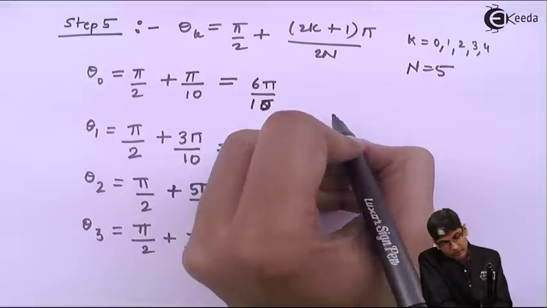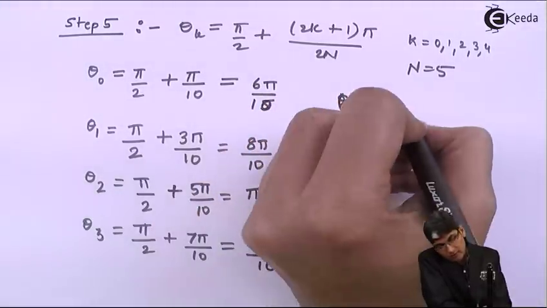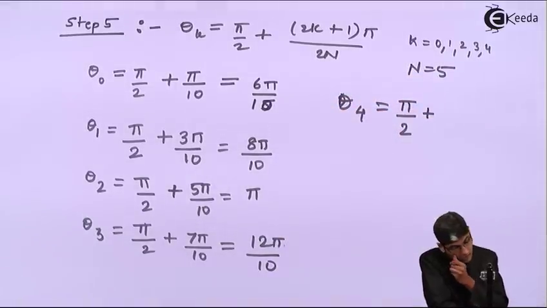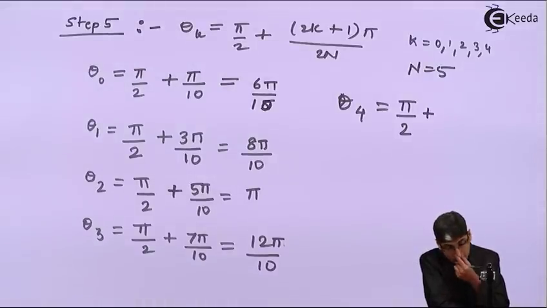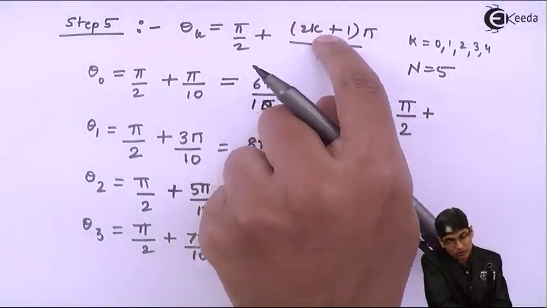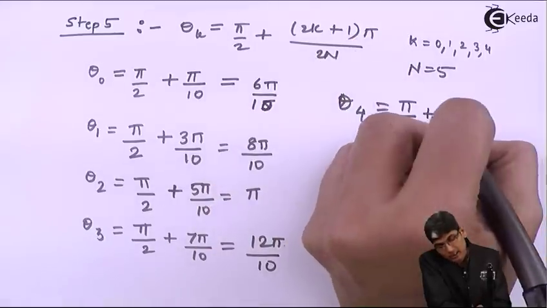Next I'll go for theta 4, which is the last factor, which is pi by 2 plus, if I put 4, then 2 4s are 8, 8 plus 1 is 9 pi by 10.